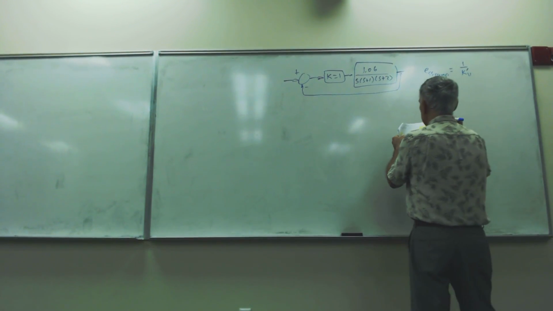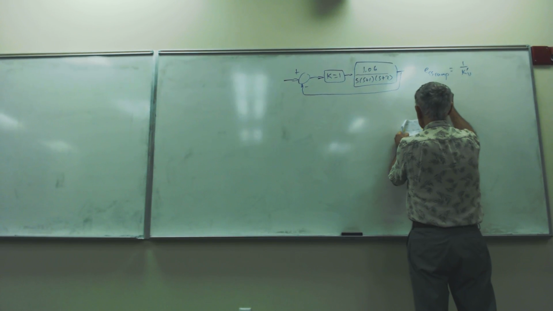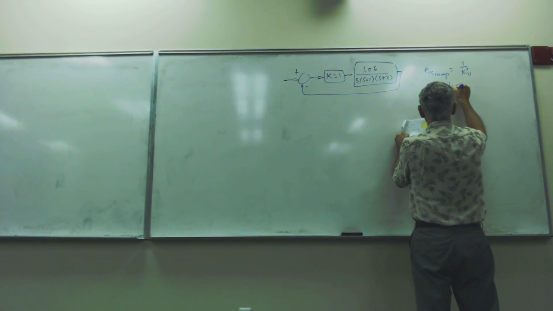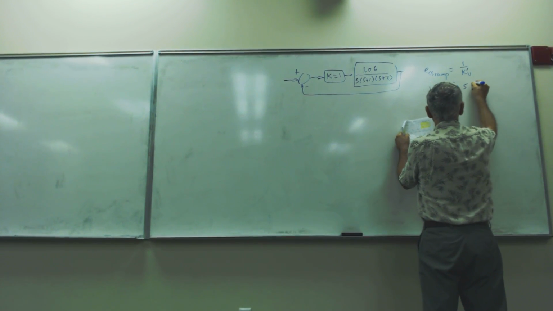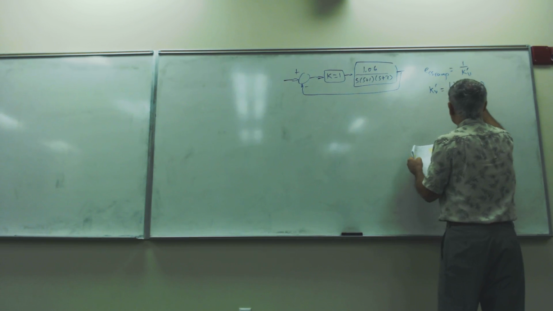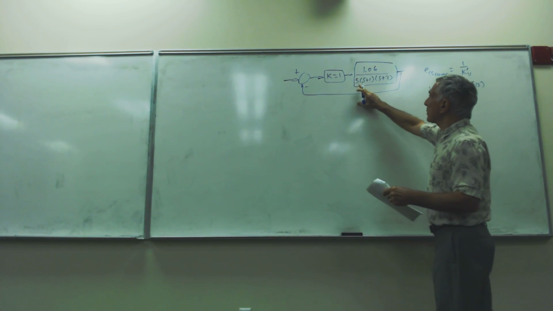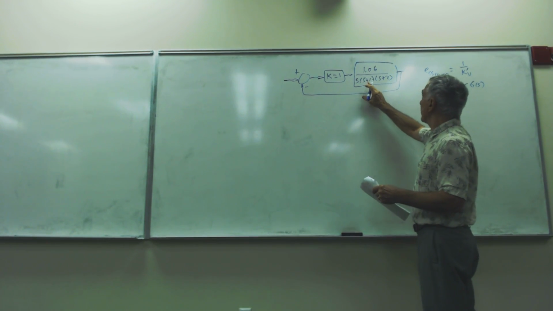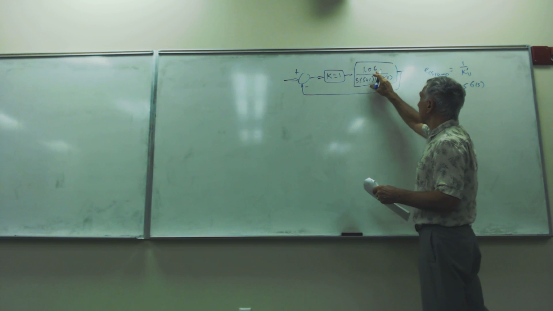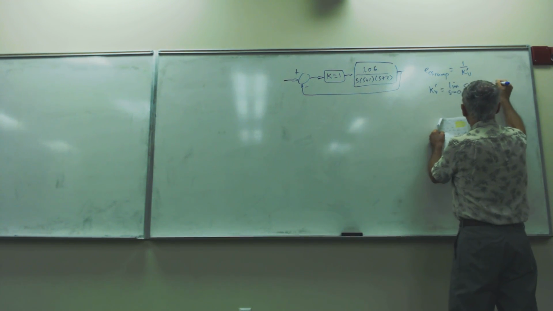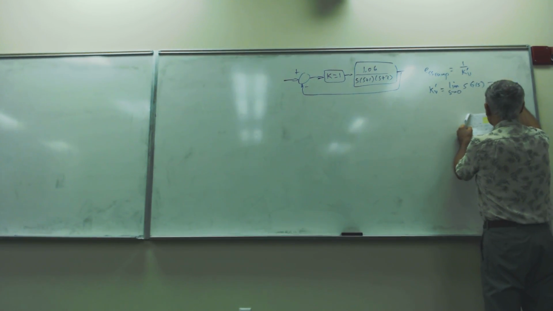Okay, so this Kv prime is equal to, remember, the limit as s goes to 0 of s G of s. So you multiply by s, that cancels that s in the denominator, and then when you take the limit as s goes to 0, this becomes 1.06 divided by 2 equals 0.53.